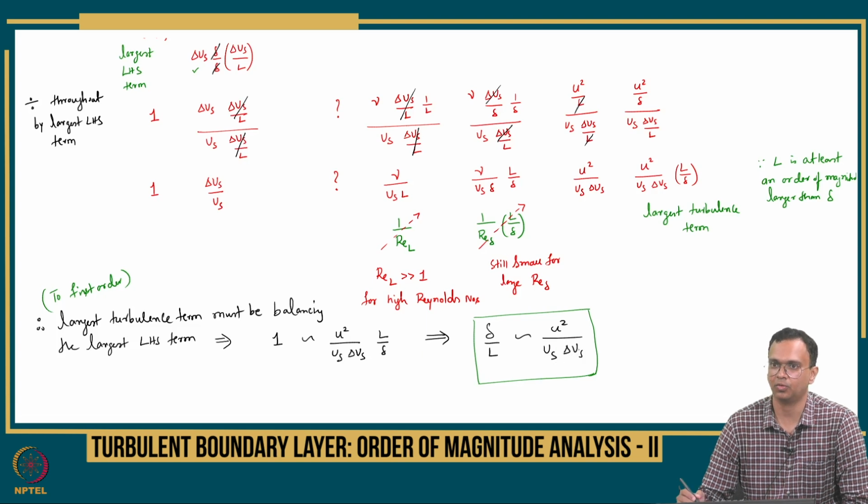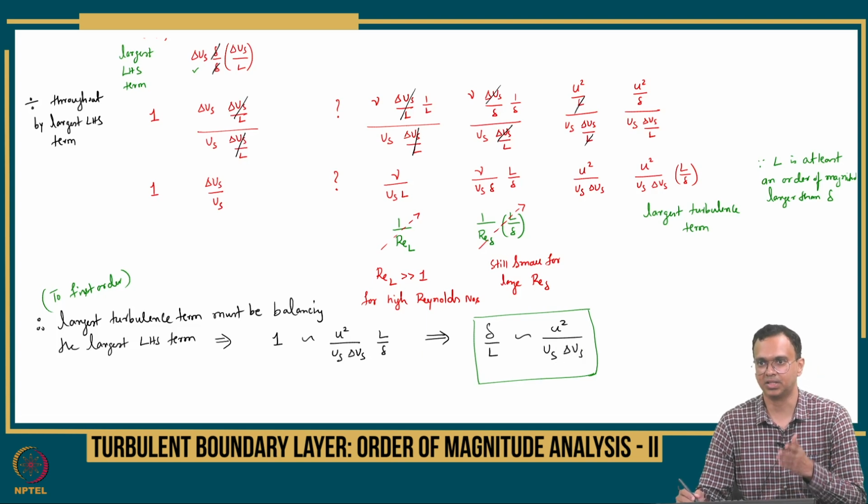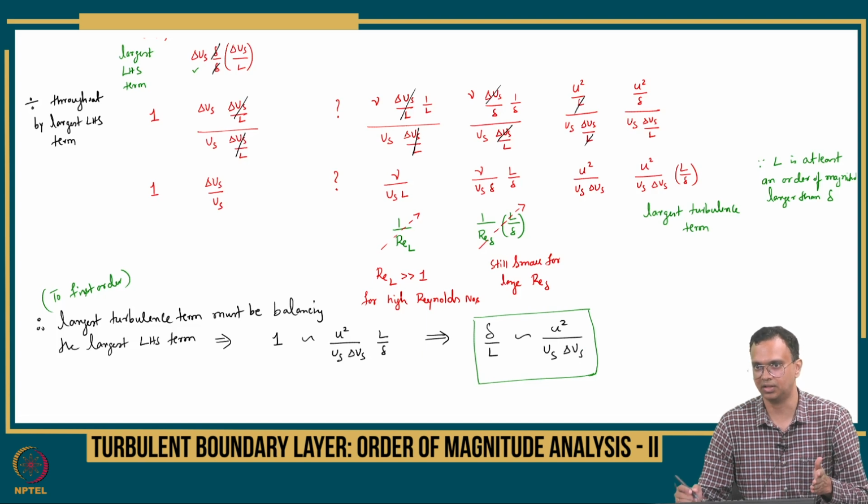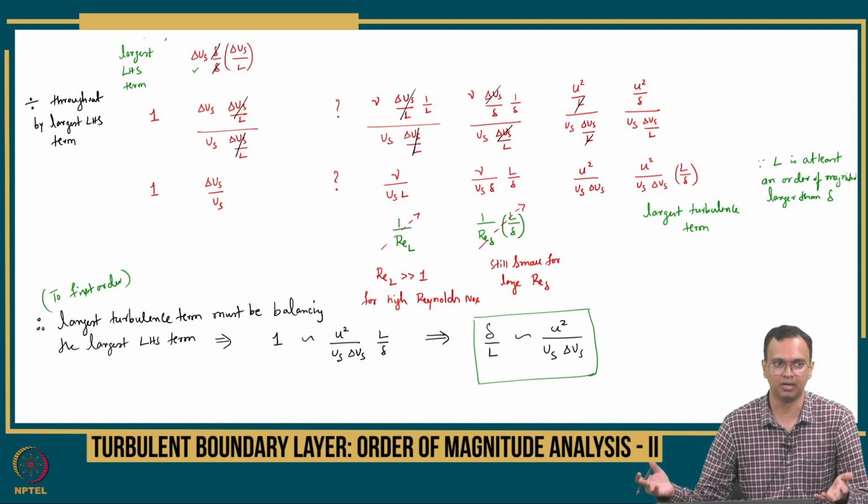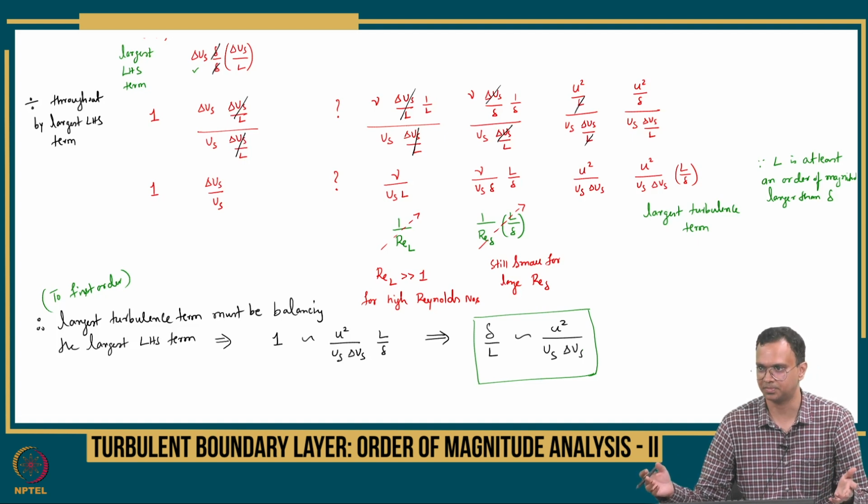Or let's say in a flow you have 10 meters per second as your inflow velocity, and the turbulence velocity, let's say, is 1 meter per second. Then you can say the small u by capital U is 0.1. So you can say 10% turbulence intensity, a rough value. Somebody can ask you how much turbulence you have, you can say okay, 10% turbulence.